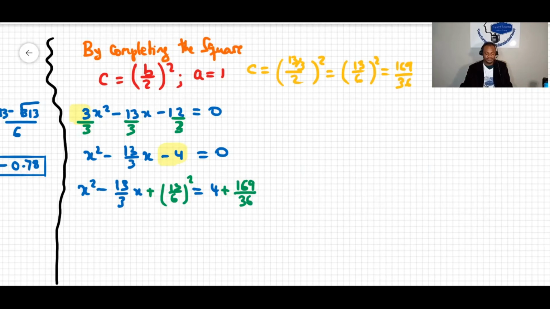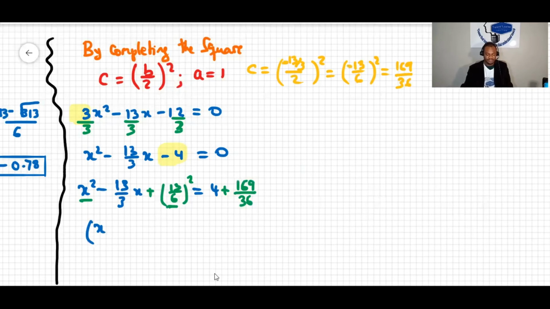So now we're going to take the base of the first and last term, that will make x. It was -13 over 6, right? Because we need to take it with the sign, negative.